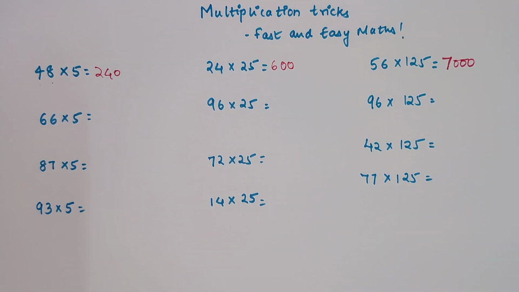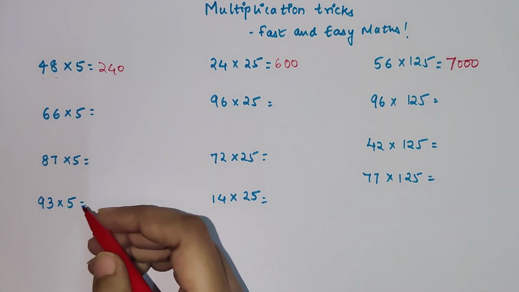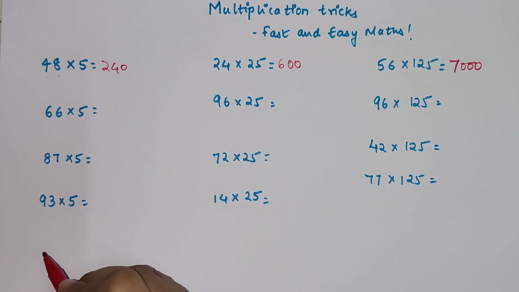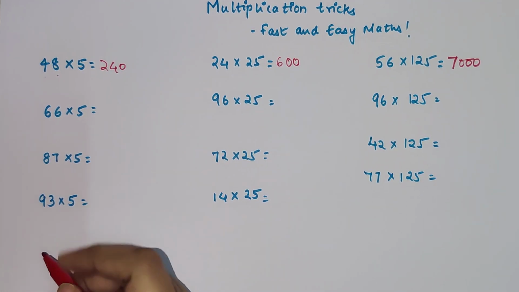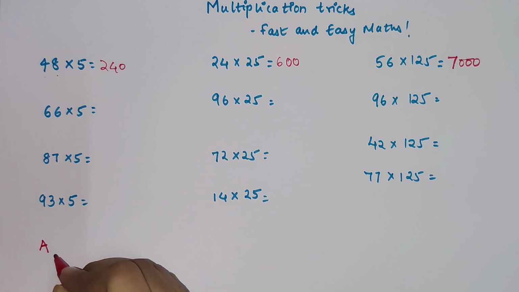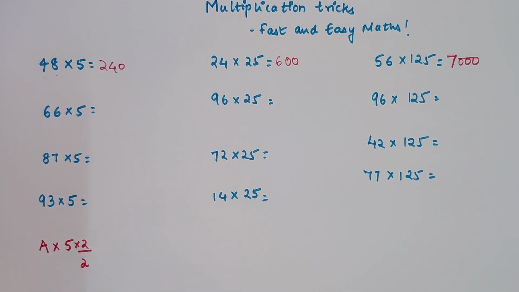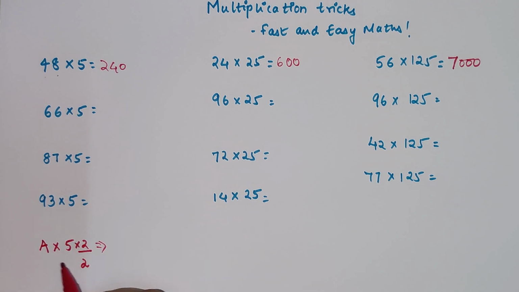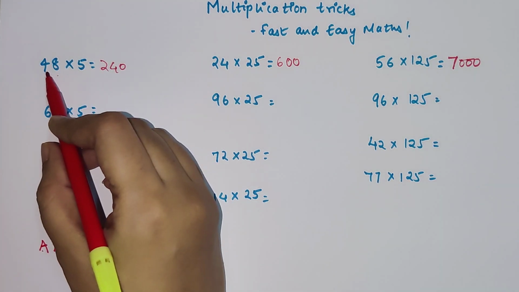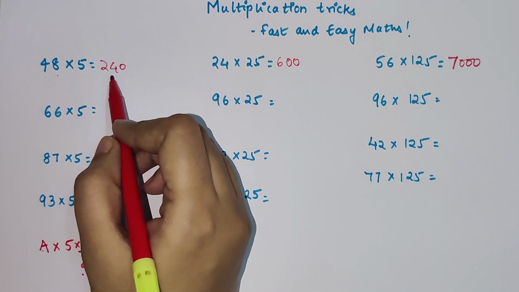Okay, so now very quickly understand, if I'm multiplying any number by 5, let's take that number as A. If I'm multiplying A by 5, I can very well multiply this by 2 and divide by 2. So now this becomes very easy. Just divide A by 2. Whatever answer you get, in this case 48 divided by 2, I get 24.